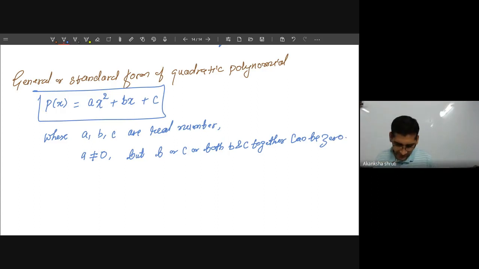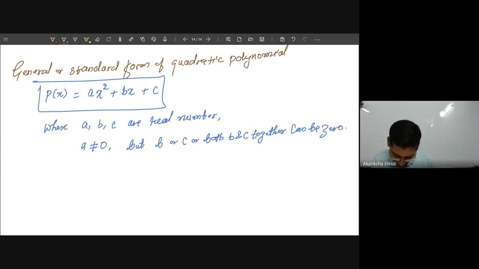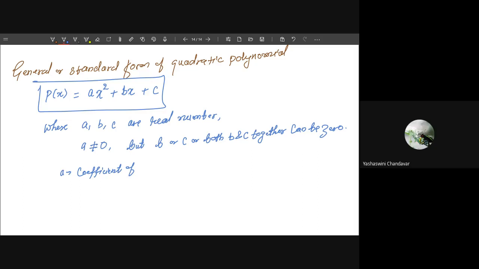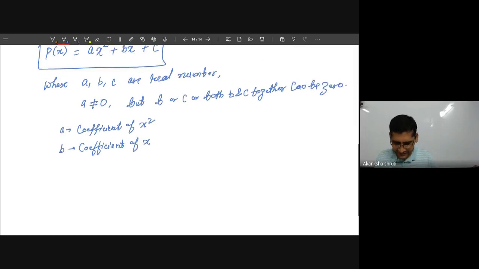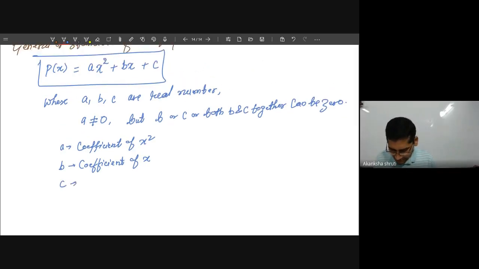Okay, students? So what is this? a is called the coefficient of x square. b is called the coefficient of x. And c is called the constant term.